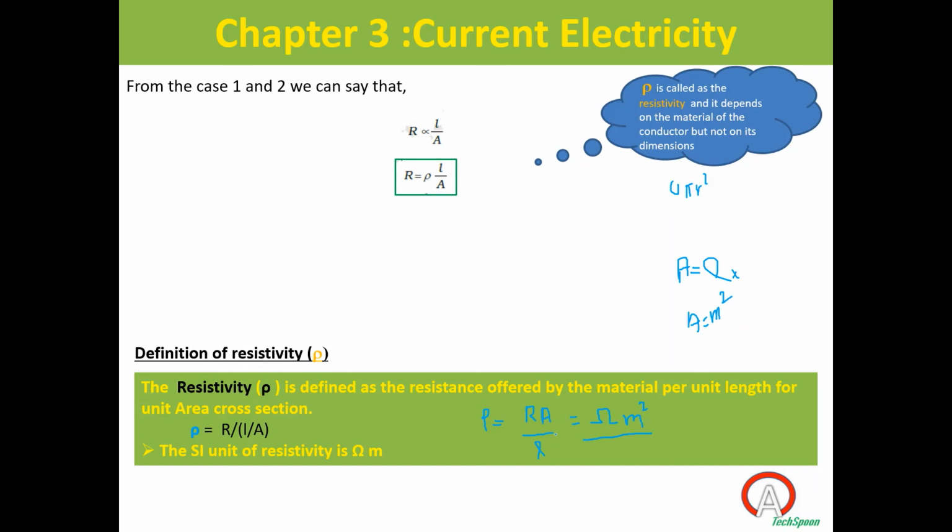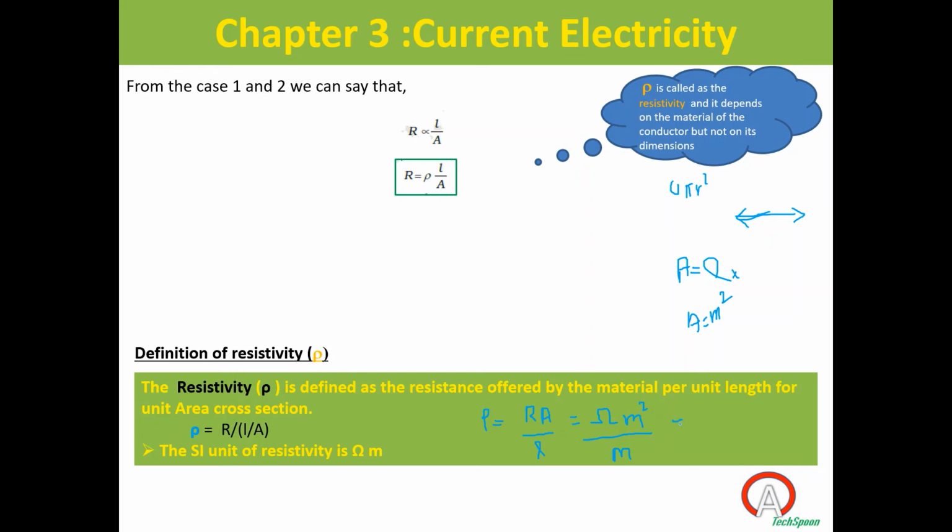What is the unit of length? Adish, what is the unit of length? How will you measure length? Meter. Yes, sir. The SI unit of length is meter.